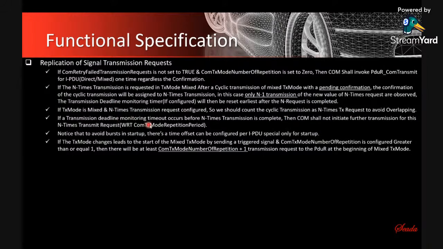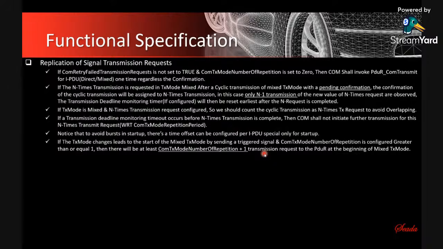And if transmit mode is mixed and n-time transmission request is configured, at this time we should count the cyclic time as the n-time transmit mode to avoid overlapping. So if it was mixed, and mixed means it could be sent as periodic and it could be sent as direct, and by default it is periodic, then what's going to happen if you configured repetition for a periodic signal?